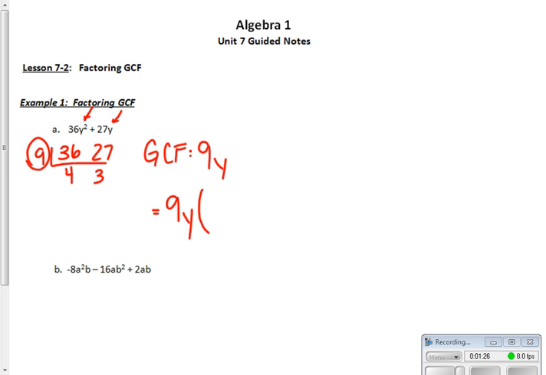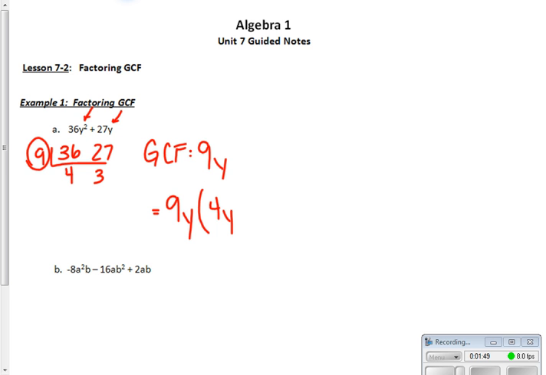When you factor out a 9y out of each term, in that first one, 36y squared, you're taking out 9y. When you take out a 9y, you are left with 4y. So if you think about this, again, it's kind of like distributive property in reverse. If you were to distribute here, 9 times 4 would give you 36. Y times y is going to give you y squared.